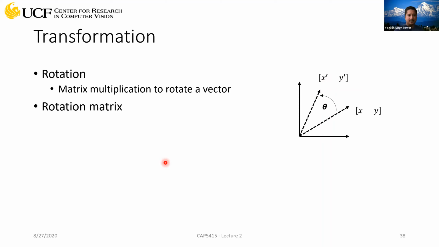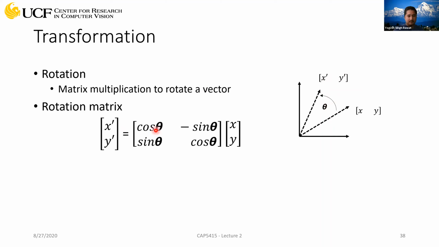Similarly to the scaling matrix we discussed in the last slide, you will have a rotation matrix, which will do this kind of rotation. And this is the rotation matrix. We're going to explain how we can obtain this, but first, let's see what's happening. This is the desired output, the transformed version, x prime, y prime, and this is the rotation matrix.